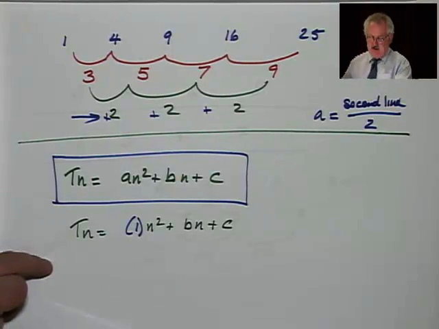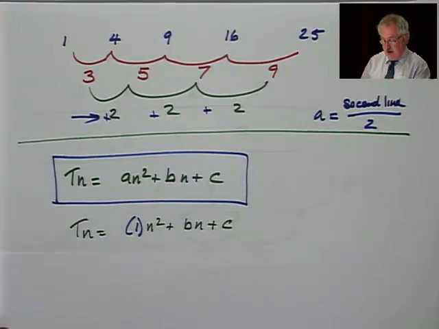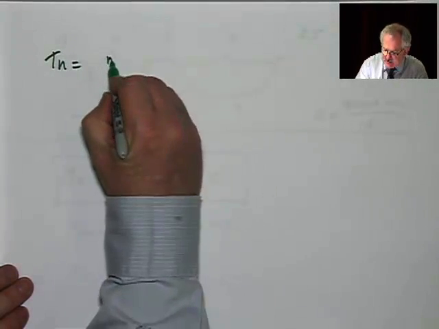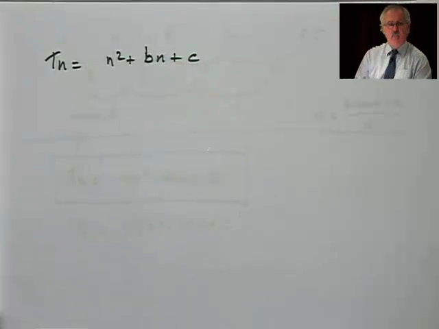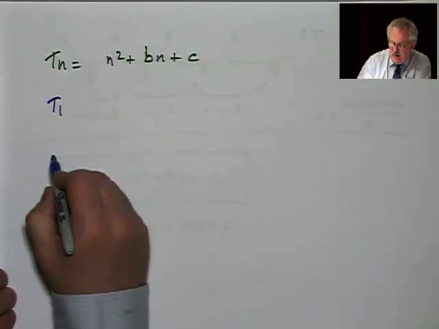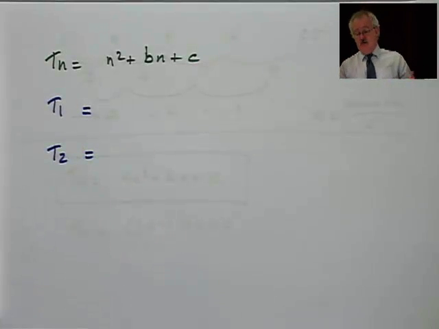Now we're still not there, because actually we have to solve this thing, which is not great, but it's getting better. So we have a formula that says Tn is equal to n squared plus bn plus c. But what we do is we just plug in numbers. We say, what's T1 and what's T2 equal to? We don't have to pick T1 and T2, we can pick other ones.